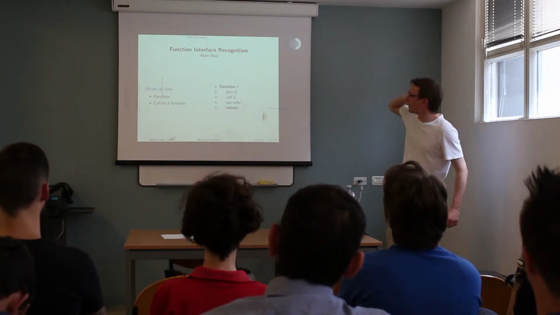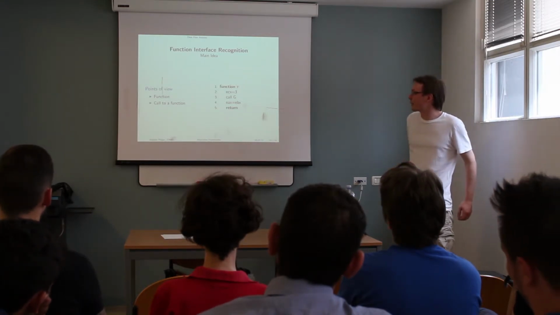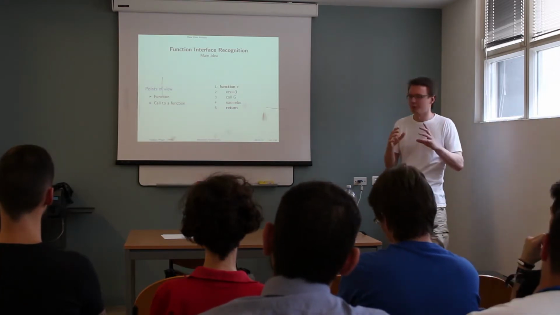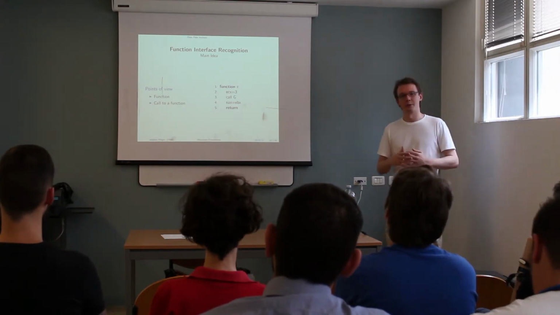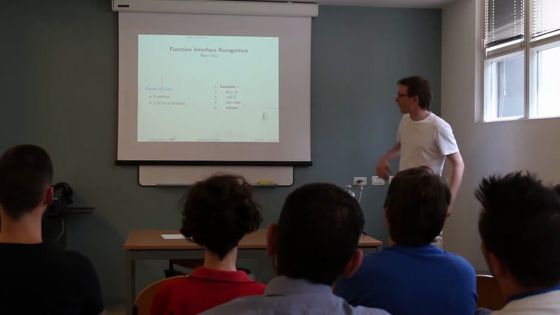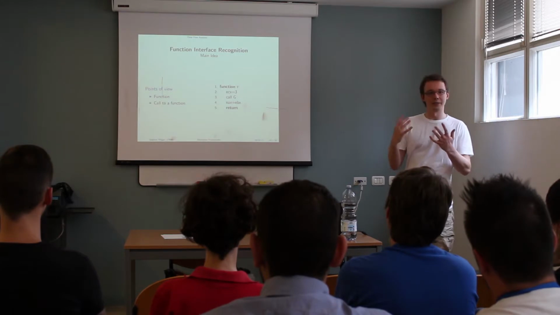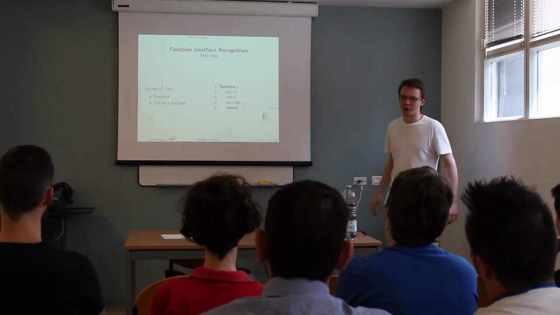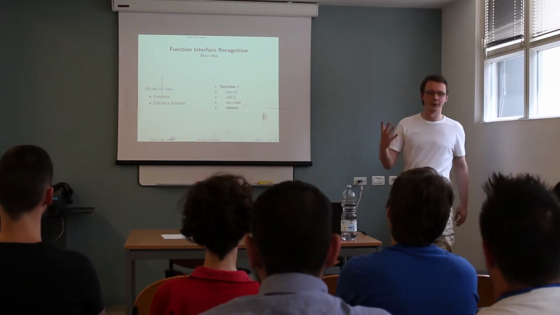And with that in mind, the main idea behind function interface recognition is that you can look at the function interfaces from two different points. You can look at it from the function level. So the function f in this little example on the right side, you can investigate what the arguments of f are if you look at the instructions of f. And the same holds not only for the arguments but also for the return values.